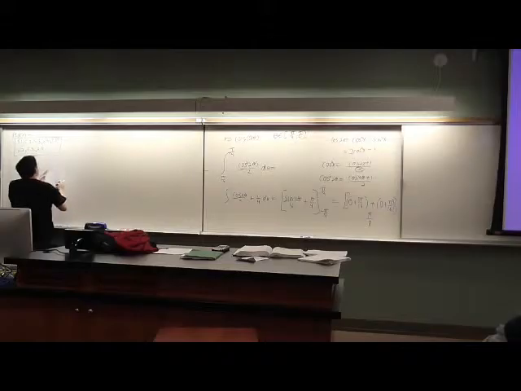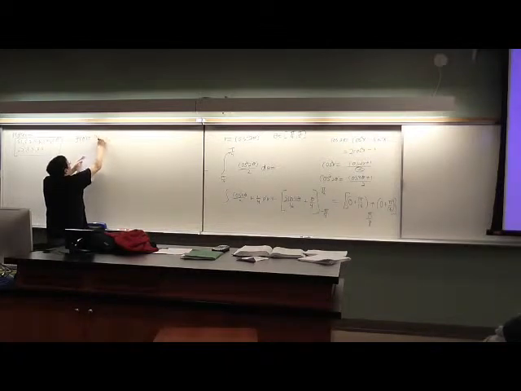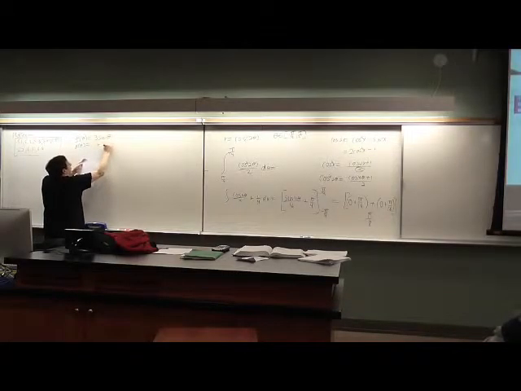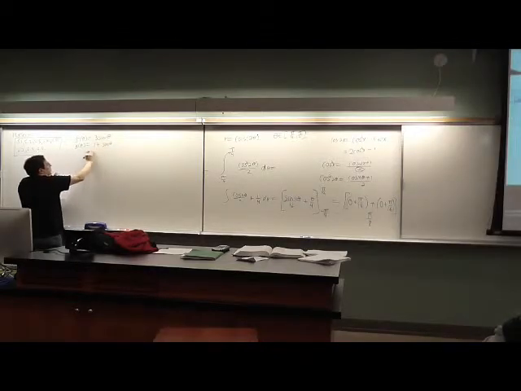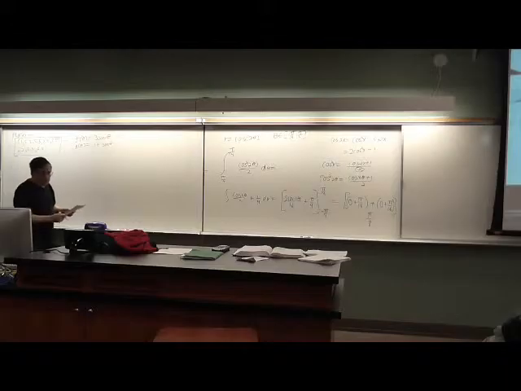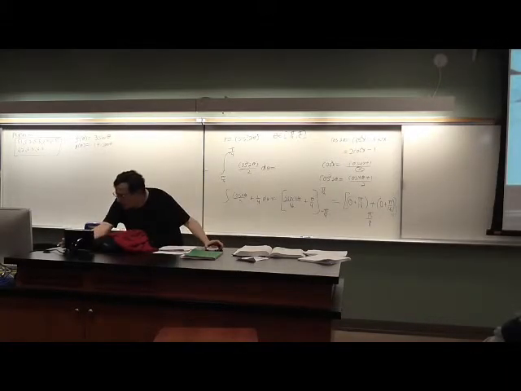The next problem is we have two functions. f of theta equals 3 sine theta, and g of theta equals 1 plus sine of theta. We know this is going to be a cardioid. We don't know quite what that is yet. We will find out.